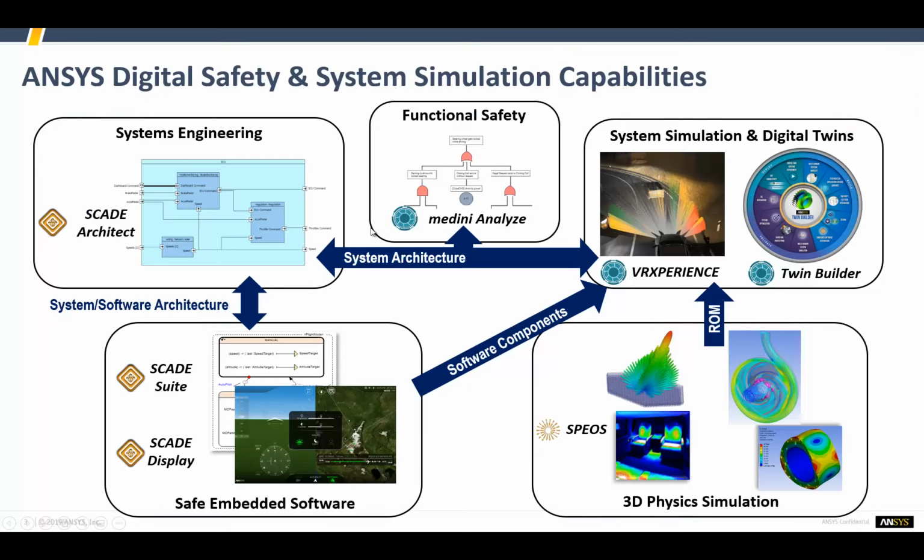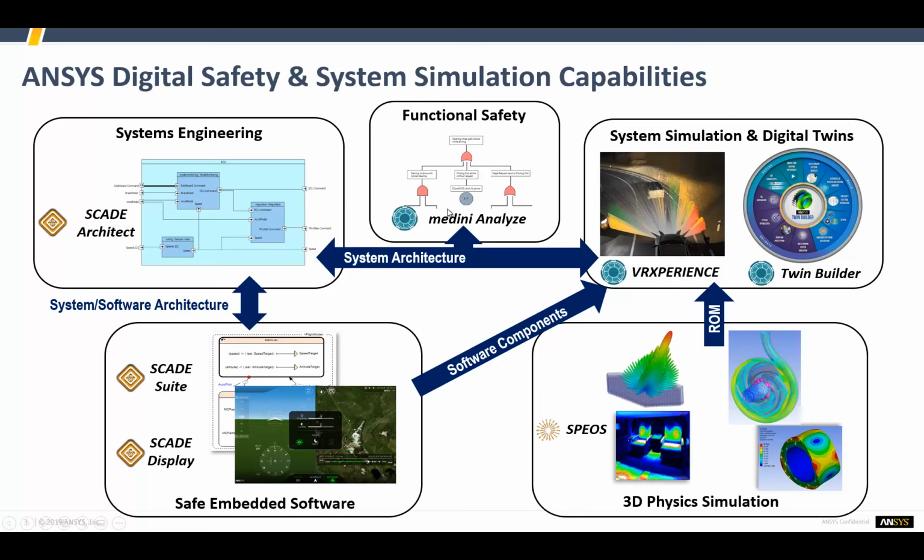In ANSYS, we support a number of digital safety and system simulation capabilities and tools, starting from systems engineering and systems modeling with our Scaled Architect offering, over embedded software development solutions, model-driven solutions based on Scaled Suite and Scaled Display.